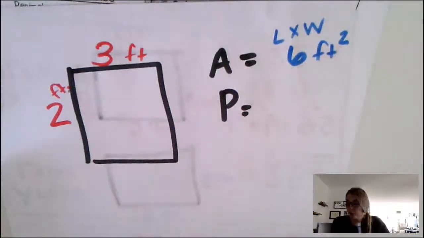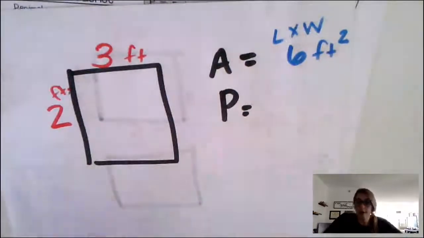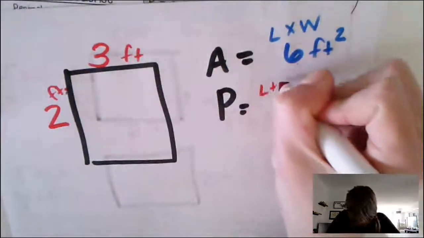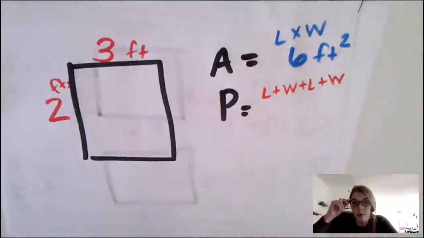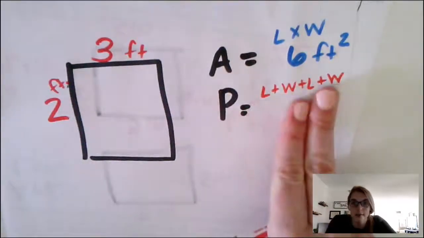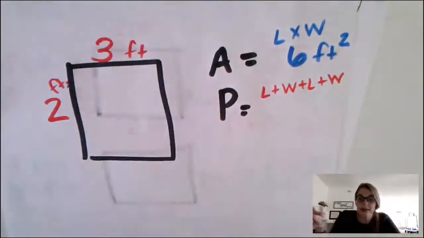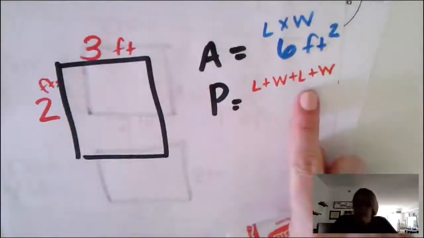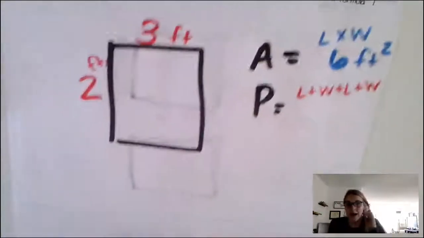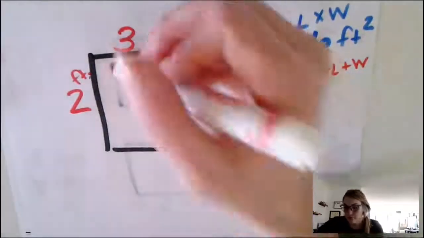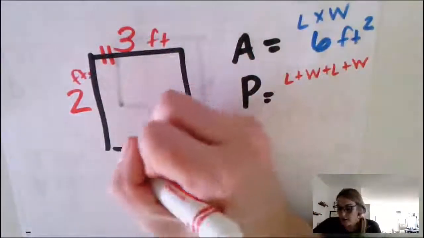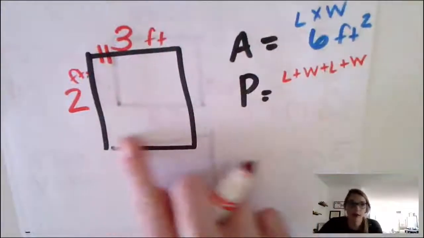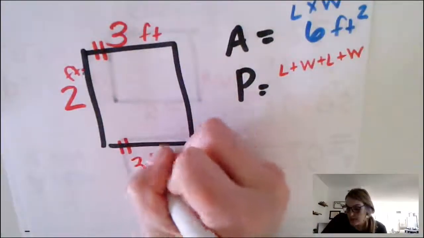Next, we're going to solve the perimeter. We know that the perimeter is length plus width plus length plus width, and no, it does not matter what order you want to solve these in. You could add your 2 lengths, then your 2 widths, as long as all your sides are added together. So if we know that this side is 3 feet, it is parallel and across, so this side is 3 feet.